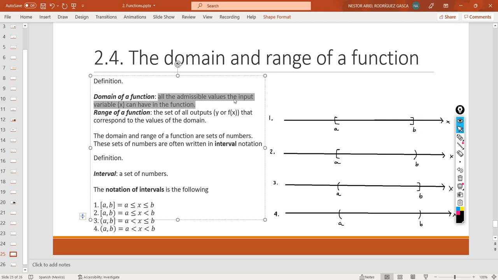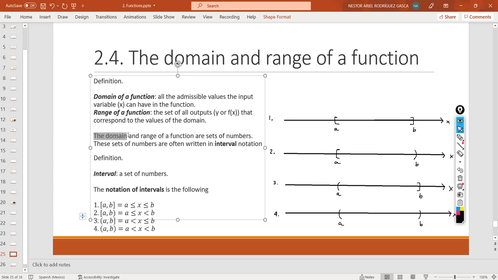All the admissible values of the input. And the range of a function is a little harder to understand. It is the set of all the outputs, and as we know, we usually call the output y or f of x, that correspond to the values of the domain. So I'm giving you the definition right now of range, but once again, I repeat for the third or fourth time, don't worry about the range at this moment. We're gonna understand this when we come back from exams.